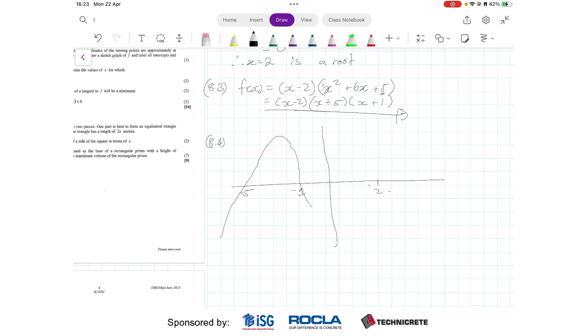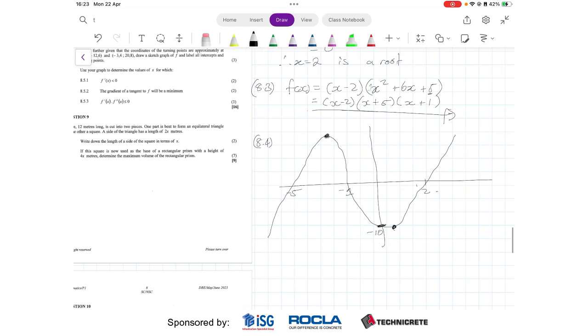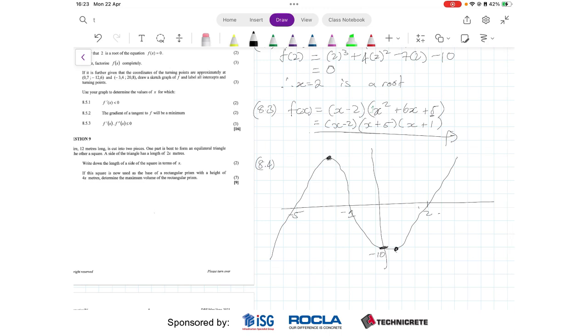It starts concave down because our value of a is positive. Now, we know that our y-intercept is minus 10 and we have two turning points. Now we're just asked to label those turning points. The first turning point is (0.7, -12.6), which is right down here.